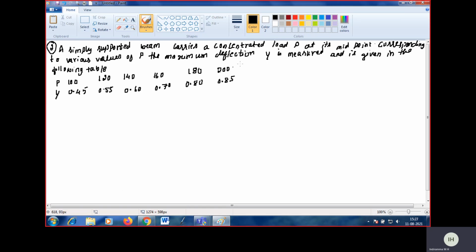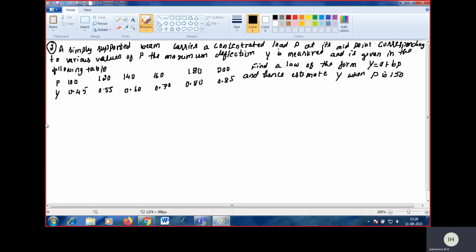Find a law of the form Y is equal to A plus B into P, and hence estimate Y when P is 150.